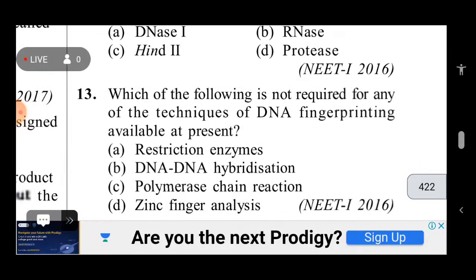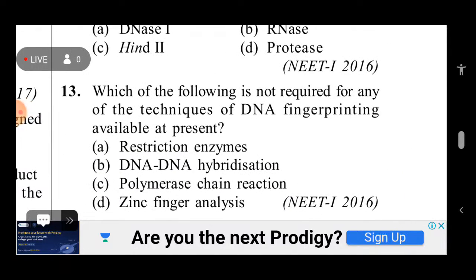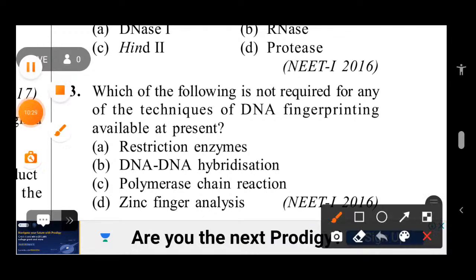13th question. Which of the following is not required for any of the techniques of DNA fingerprinting available at present? Restriction enzymes, DNA hybridization, polymerase chain reaction, and zinc finger analysis. So which of the following is not required?